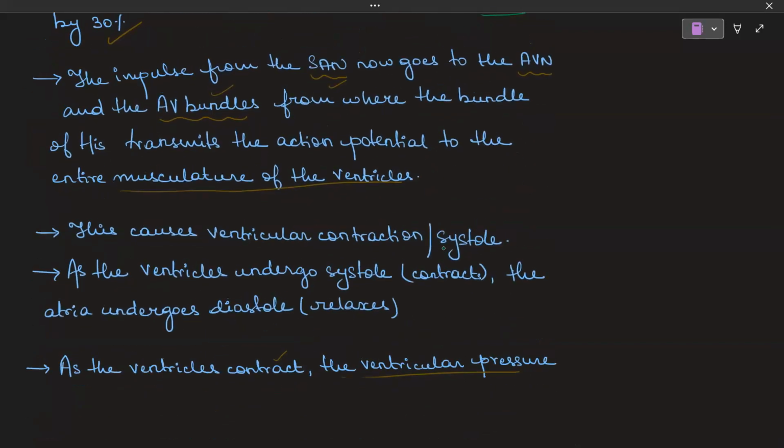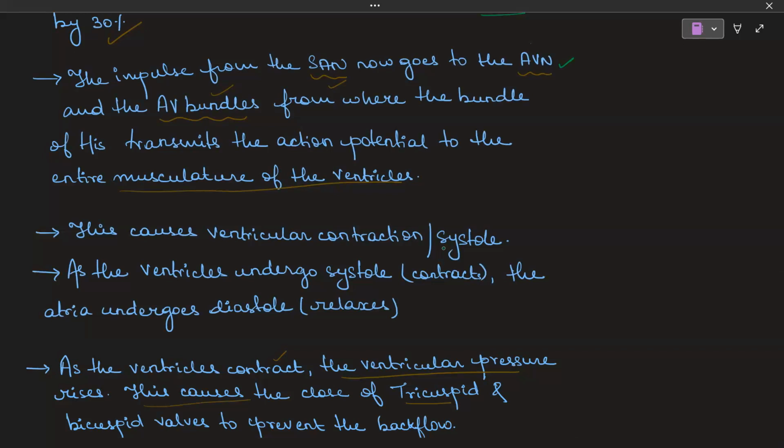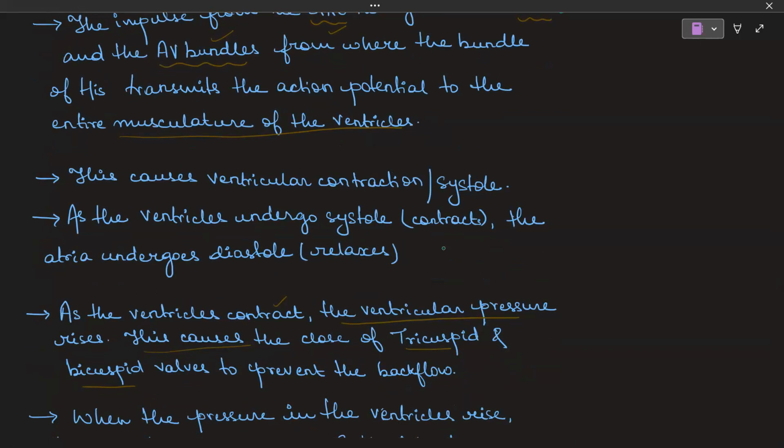Now the impulse that was sent by the sinoatrial node goes to the atrioventricular node and the atrioventricular bundles, and then it is transmitted to the whole musculature of the ventricle. Then because of this, the ventricular contraction or the ventricular systole takes place.